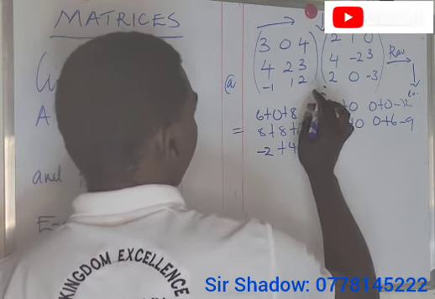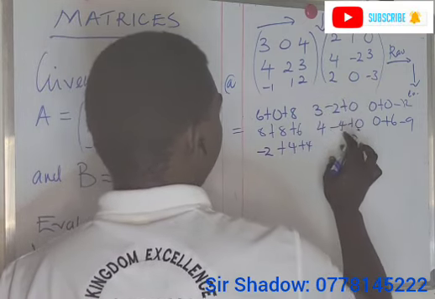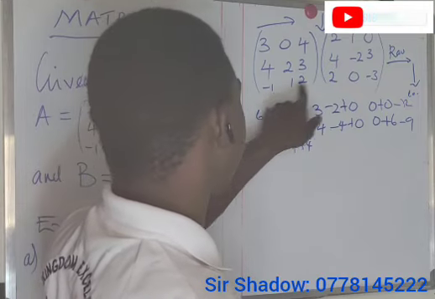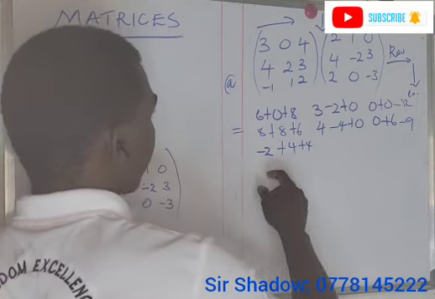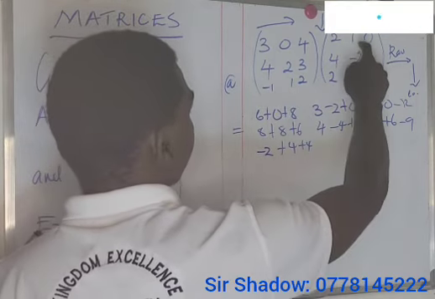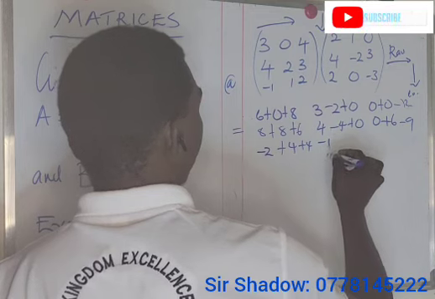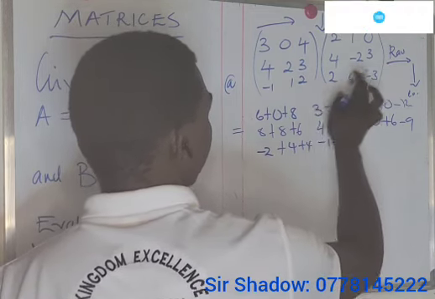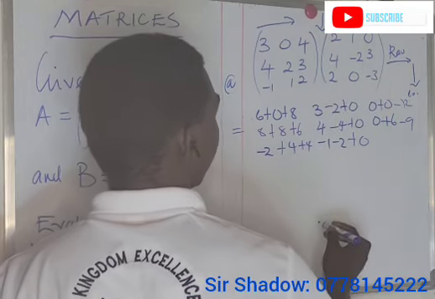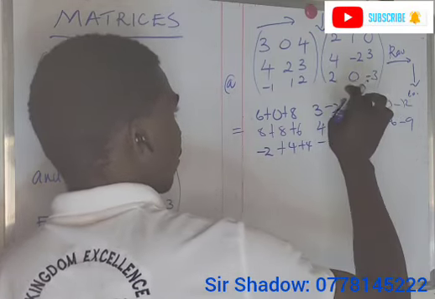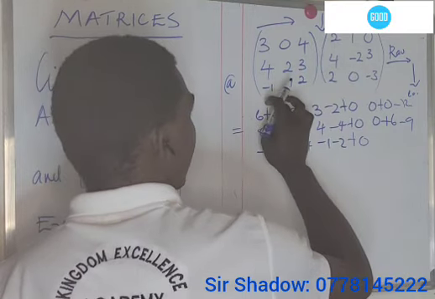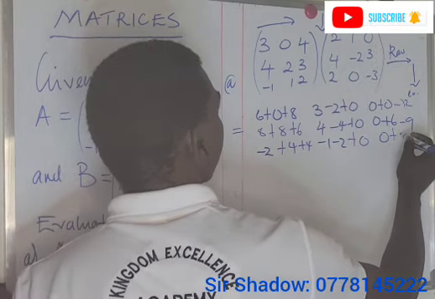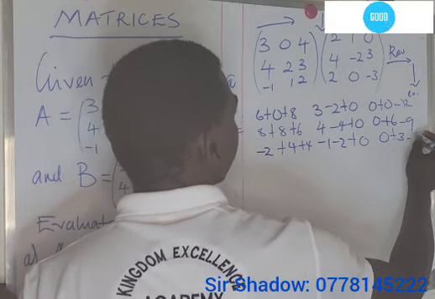Then the second column, third row: negative 1 times 1 is negative 1, 1 times negative 2 is minus 2, and 2 times 0 becomes 0. Then last row, last column: negative 1 times 0 becomes 0, 1 times 3 becomes 3, and 2 times negative 3 becomes negative 6.